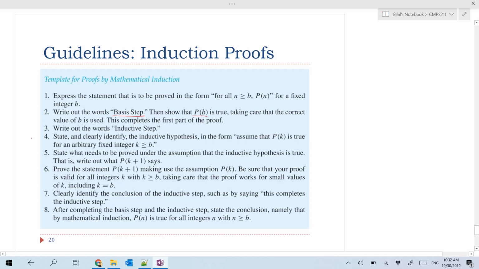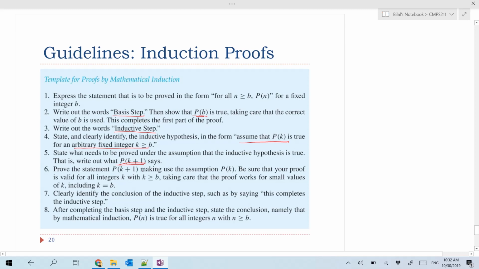Then to write the words inductive step and to make your assumption about the property at the step number k, for an arbitrary fixed integer k that is greater than or equal to b, your base step, to state what needs to be proved for k plus 1 so that you can play with your inductive hypothesis or simply use it correctly to prove the property for k plus 1.